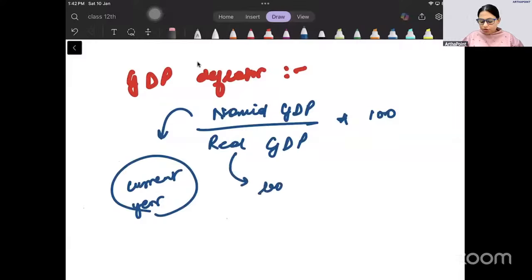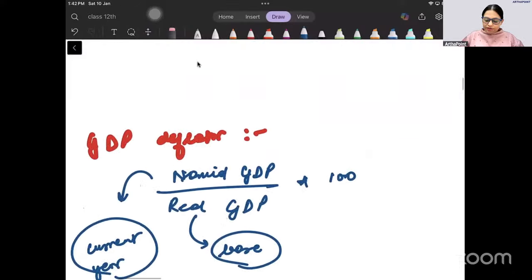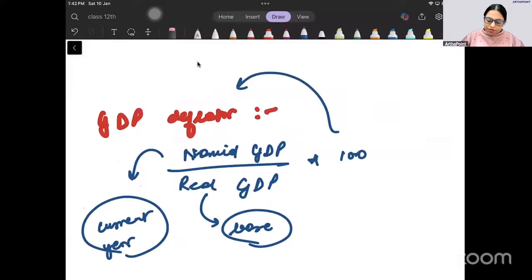And real GDP will be at the base year, into 100. So we can say that this will be the GDP deflator. What is the current base year of India? Anyone? Okay, good.